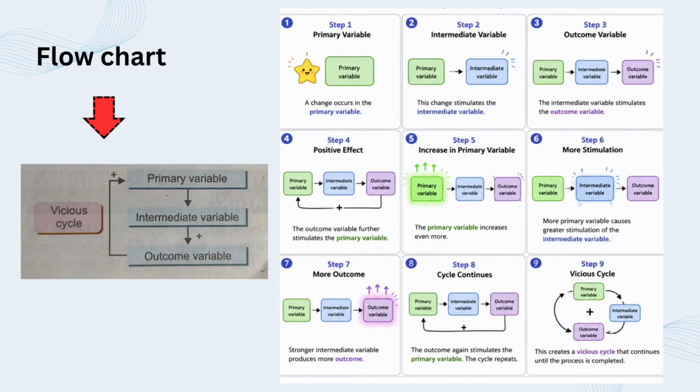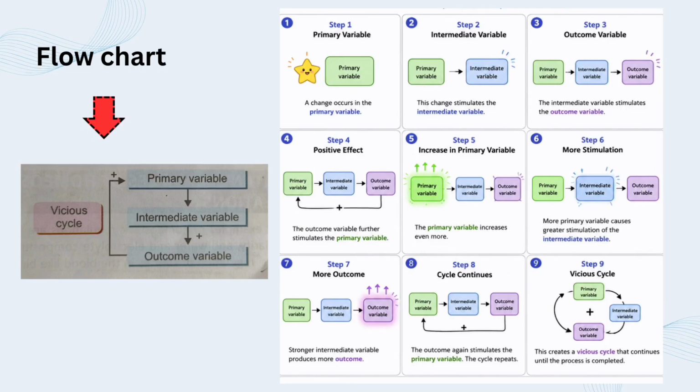Here you can see a flow chart. If we get any change in the primary variable, that change will stimulate the intermediate variable, and this intermediate variable stimulates the outcome variable. This outcome variable further stimulates the primary variable, and the primary variable increases even more, and more primary variable causes greater stimulation of the intermediate variable, and that stronger intermediate variable produces more outcome, and that outcome again stimulates the primary variable.